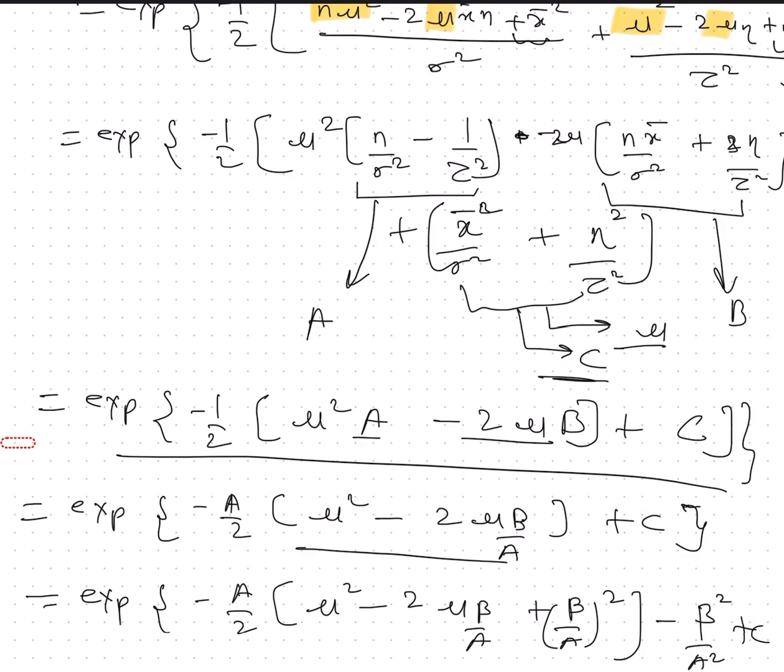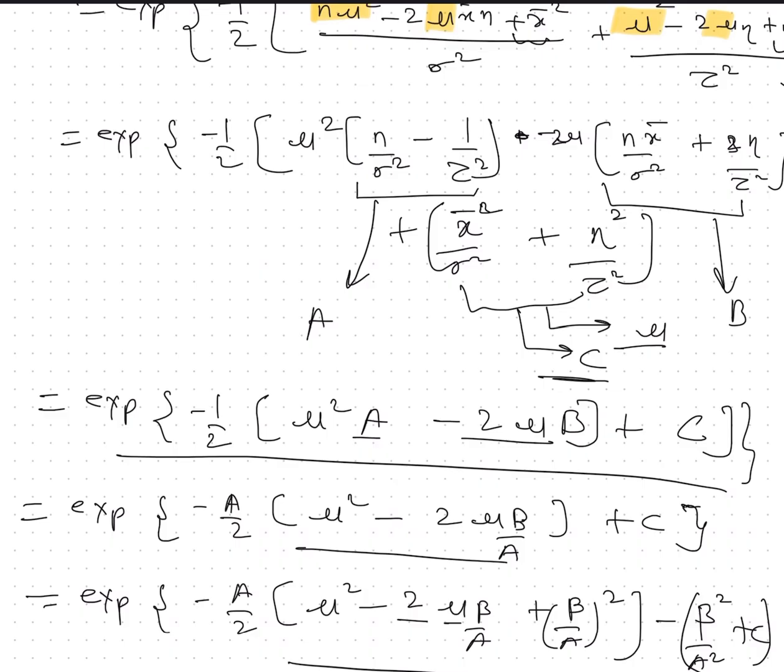Now this is also independent of mu, so we can just ignore this or keep it as an updated c dash. So now we have exponential of minus a upon 2 times mu minus b upon a, bracket square, plus some constant. We can simply ignore it as this is independent of mu.